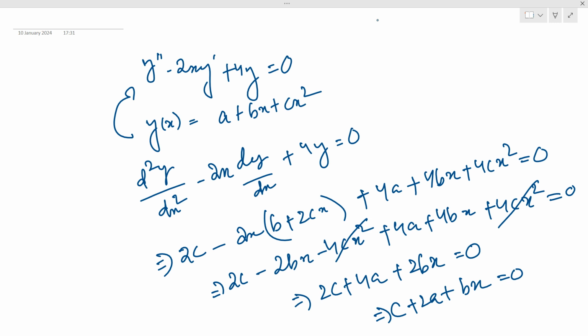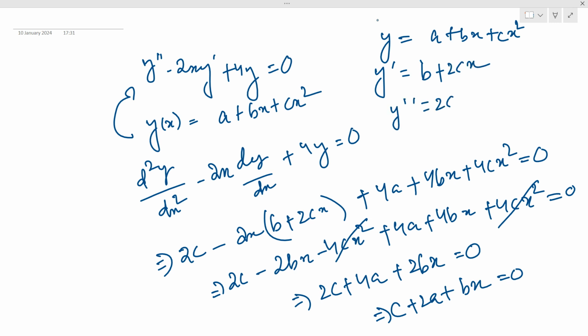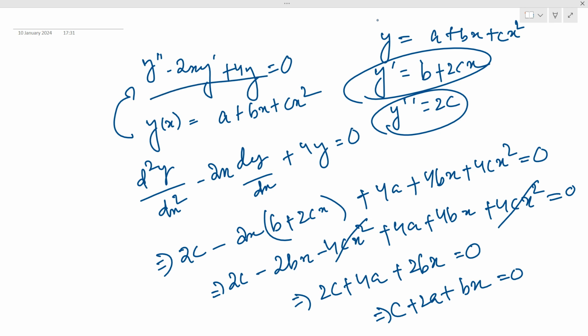Otherwise, let's try another way. Y is given this way. Y is equal to a plus bx plus cx square. So y dash is equal to b plus 2cx. Y double dash is equal to 2c. Right? So now let's put this value and this value in this equation. Okay, we'll do it this way now.